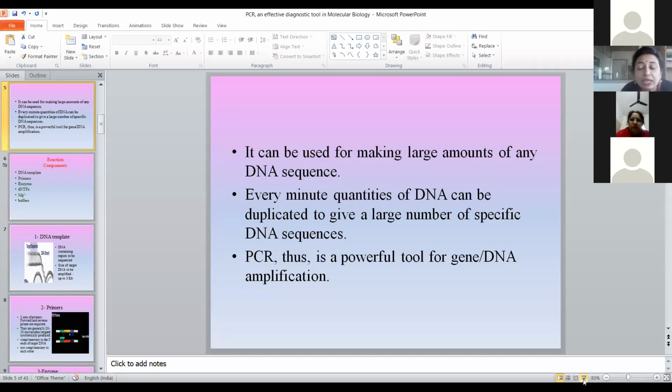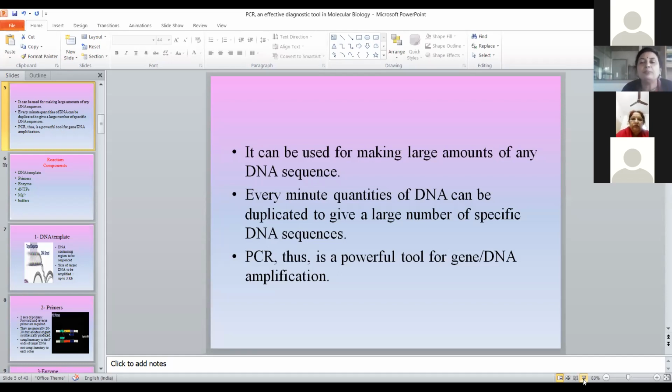Okay, and sometimes the sample that is obtained from the site of crime is so little that we have to amplify the DNA. We need to increase the quantity of the DNA of both the accused and the victim, right? So in that case, PCR technique is used to amplify the sample of DNA of both the accused and the victim, right?